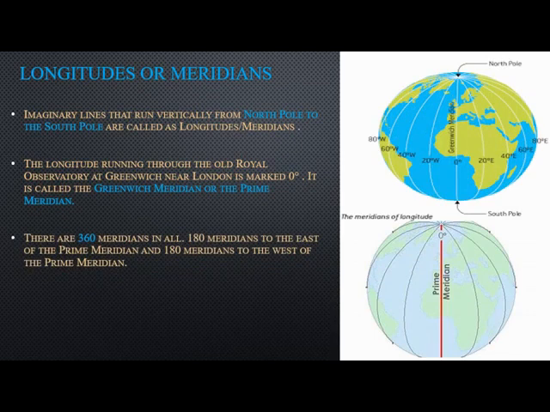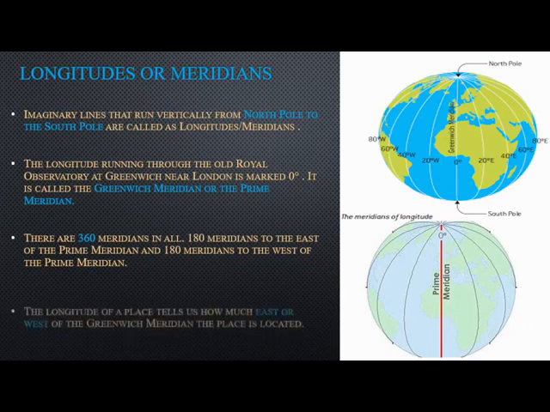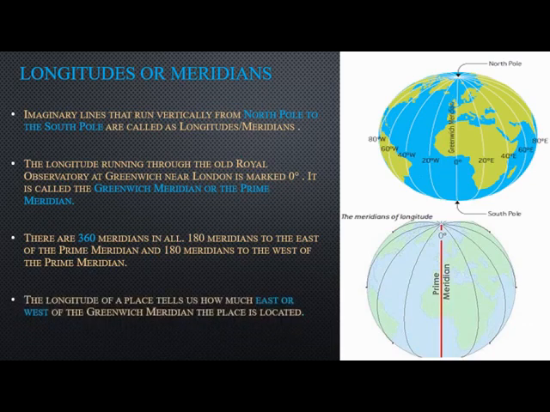There are 360 meridians in all: 180 to the east of the Prime Meridian and 180 to the west. The longitude of a place tells us how much east or west of the Greenwich Meridian the place is located.